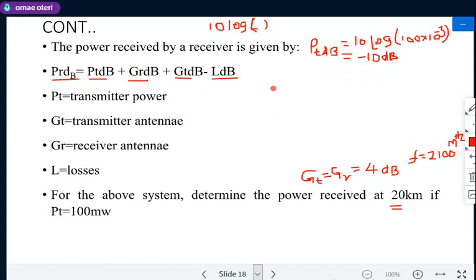And then the losses will be given by 32.44 plus 20 log our frequency is 2100 plus 20 log distance of 20 kilometers.